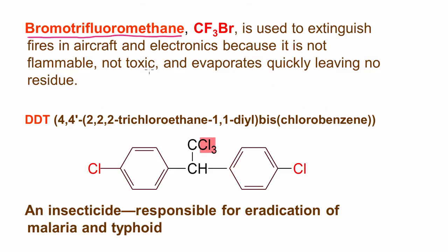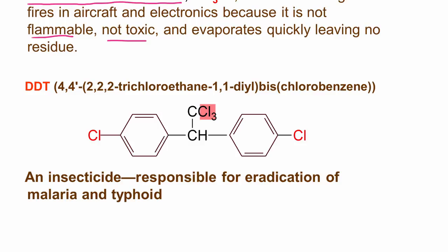This bromotrifluoromethane, this is actually used to extinguish fires where there are a lot of electronics. So for example, in an aircraft, and that's because it's not flammable, it's not toxic, and it evaporates very quickly, leaving no residue on the electronics, which of course could damage the electronics. The other one you might have heard of is DDT, and this is an insecticide.